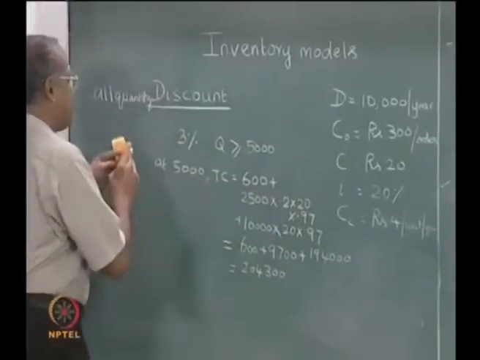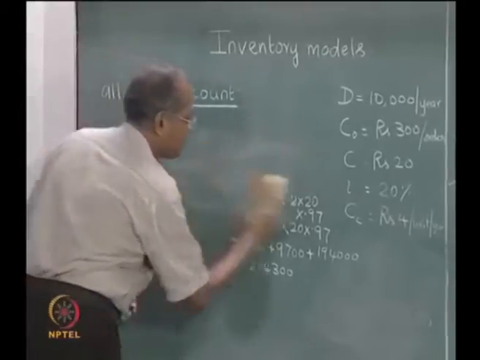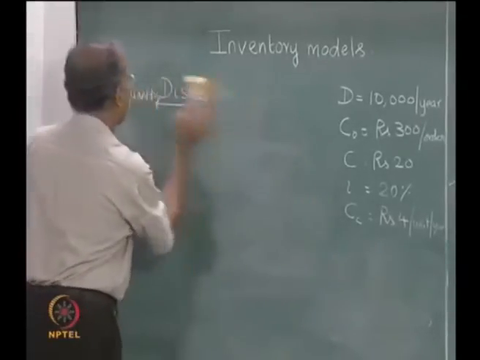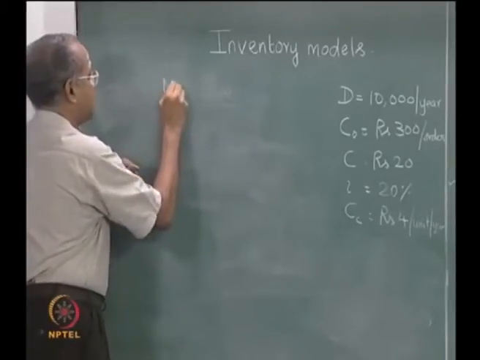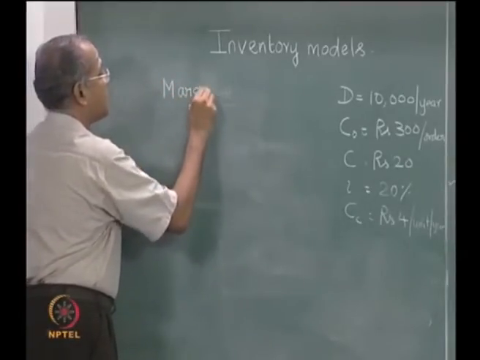Now, let me write the marginal quantity discount. So, we could have something called marginal quantity discount.